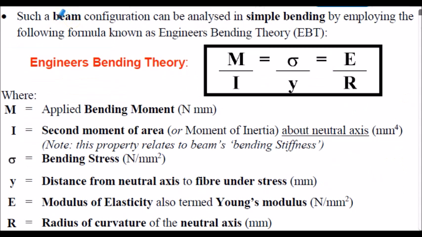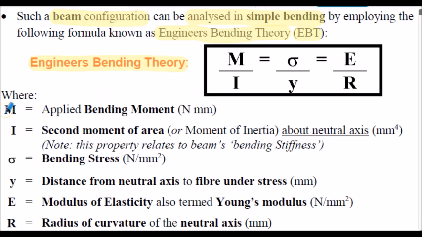So such a beam configuration as that shown on the previous slide can be analysed in simple bending by using what's known as engineer's bending theory, EBT for short. So engineer's bending theory is shown in the bolded box here and stated without proof in this presentation. So let's consider the variables.